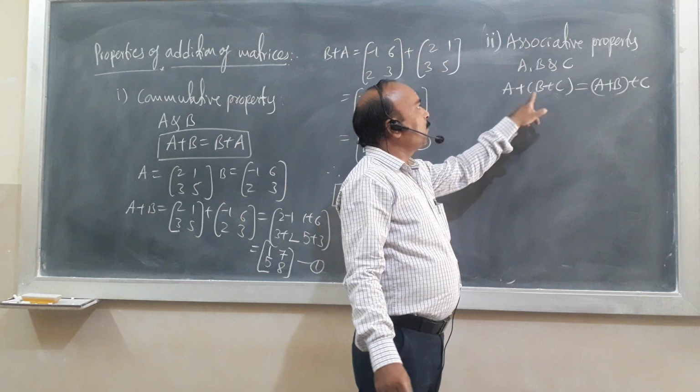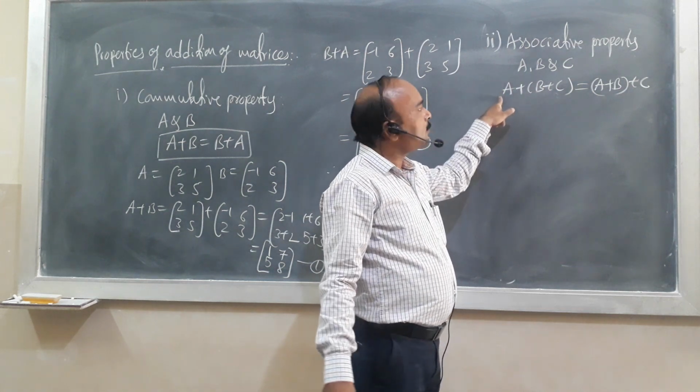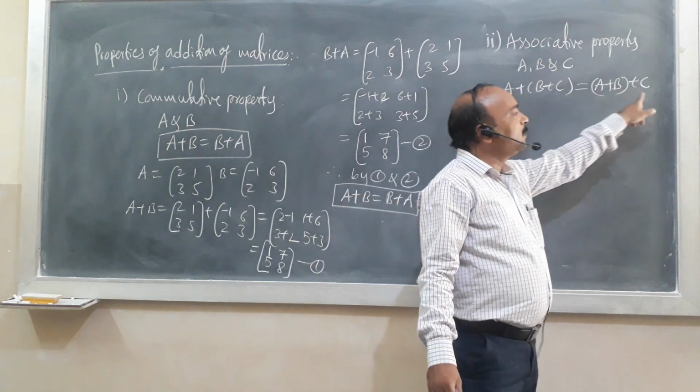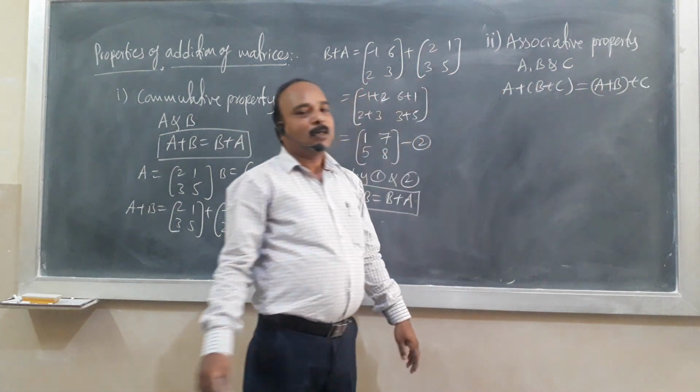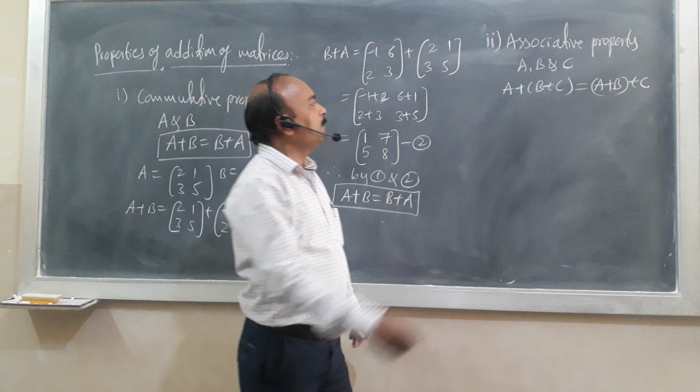If you add B plus C with A or A plus B with C, you are getting the same result. That is called the associative property of the three matrices.